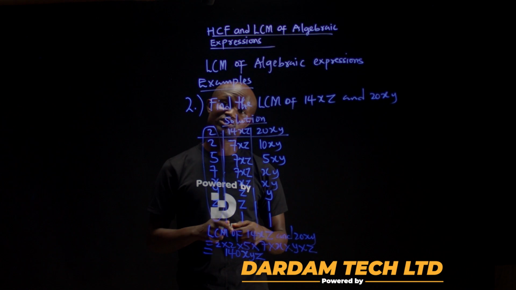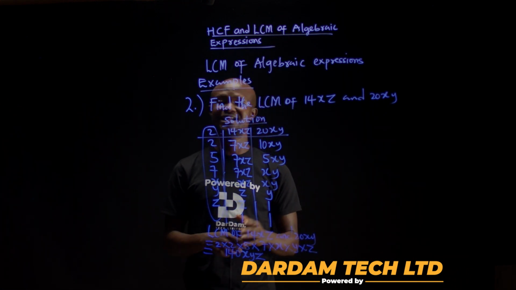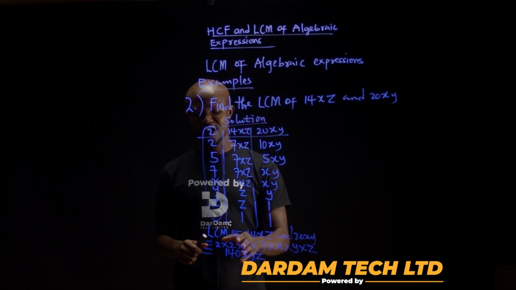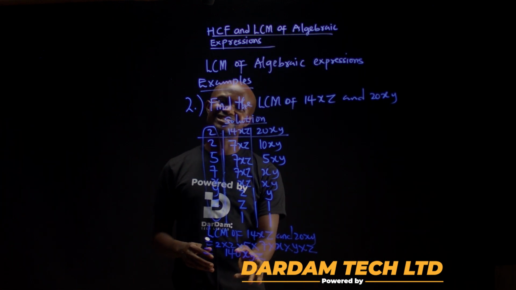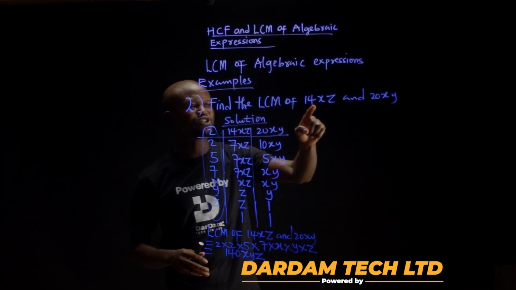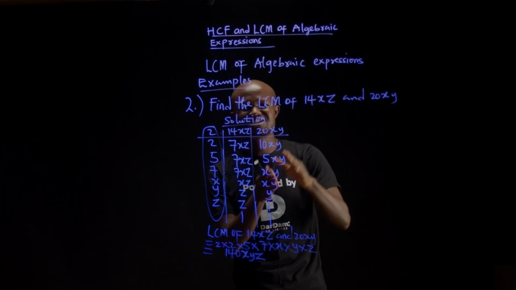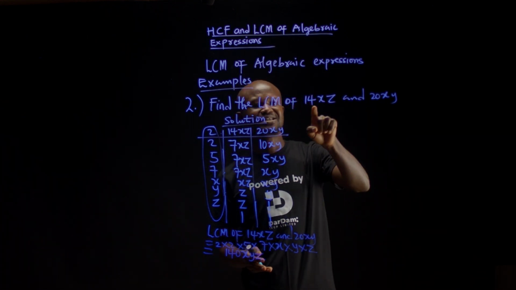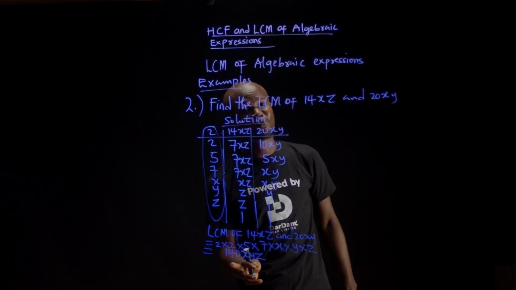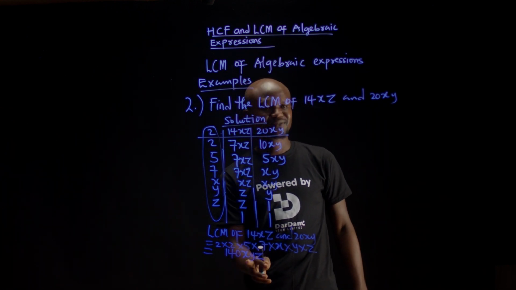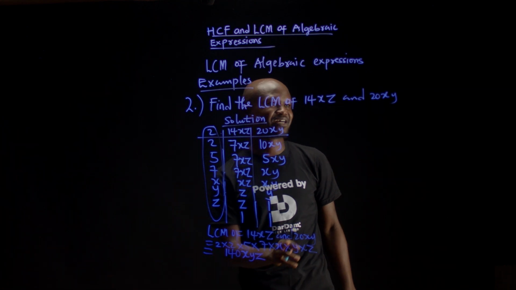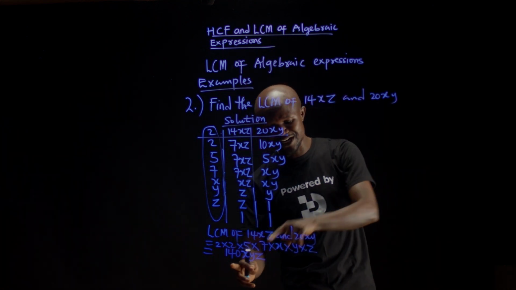One thing you also need to observe about LCM and HCF is this. For LCM, the answer you have is going to be a multiple of what you're having here. That's why it is called lowest common multiple. You can see 14xz is a factor of 140xyz. 20xy is a factor of this.